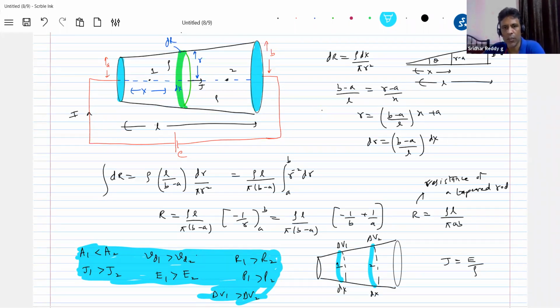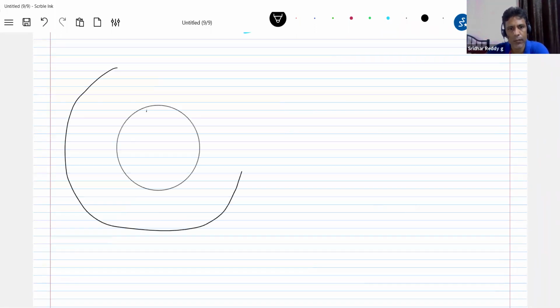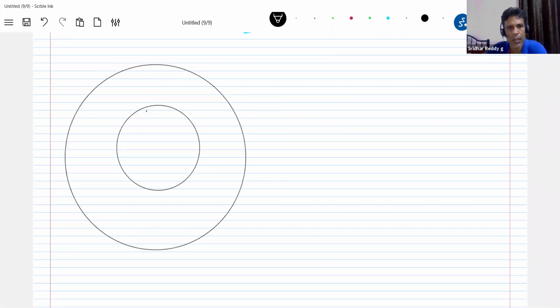Okay, similarly, we'll go for a spherical conductor. Let the inner radius be A and the outer radius B. Let this be iron, and let this be air.